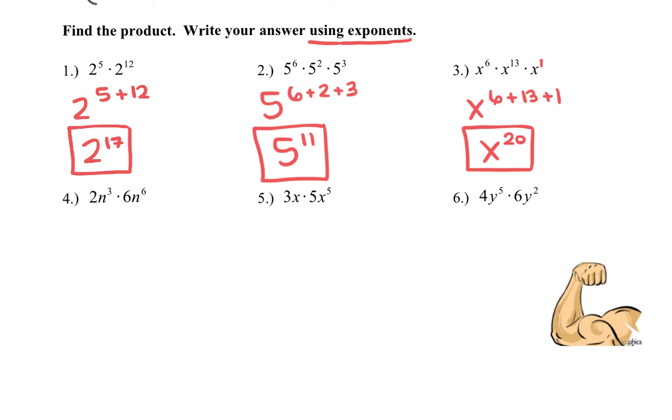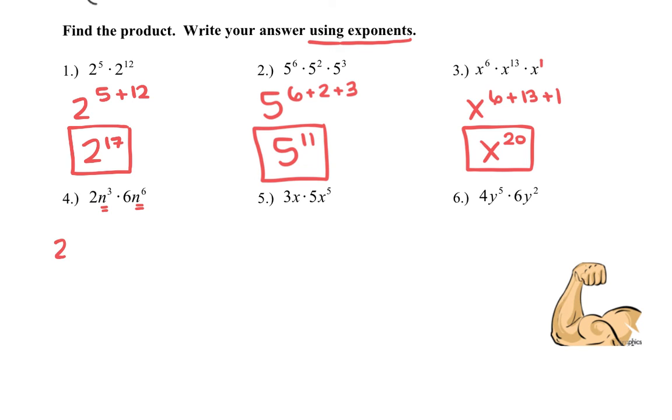All right, now as we go down to number 4, we ask what the base is, and in this problem, n is the base. n is what is getting repeated. If we were to break down or factor that first monomial, it would be 2 times n times n times n. 2 and 6 are the coefficients. There are those numbers out in front.